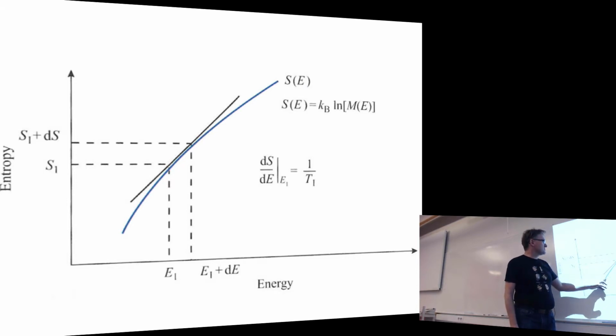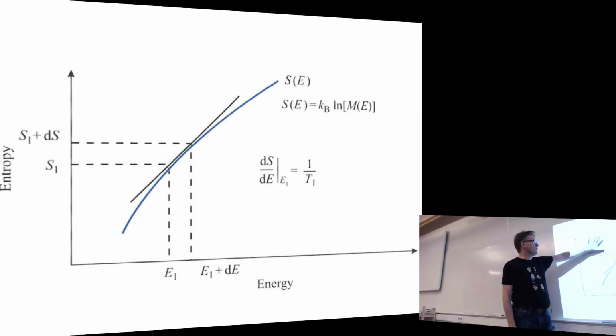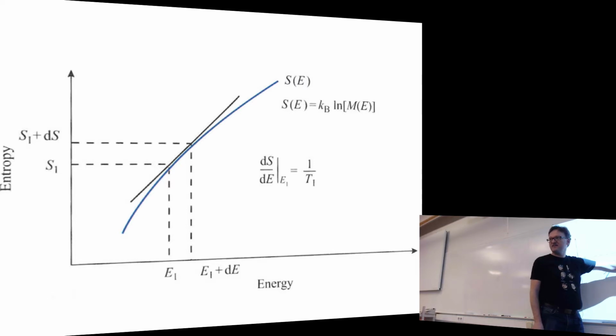And if you look at this system, if you were to move above this blue curve, then we would have lower free energy because we would have the same energy but higher entropy, or the same entropy but lower energy. So this space represents lower free energy, and this space represents higher free energy.